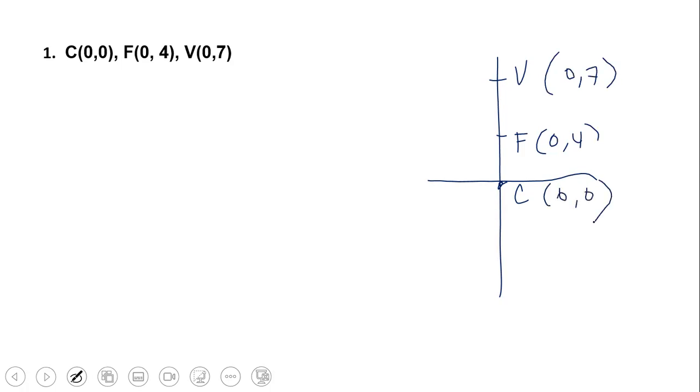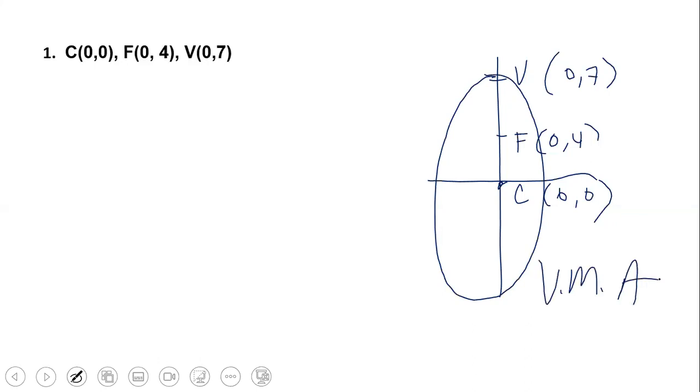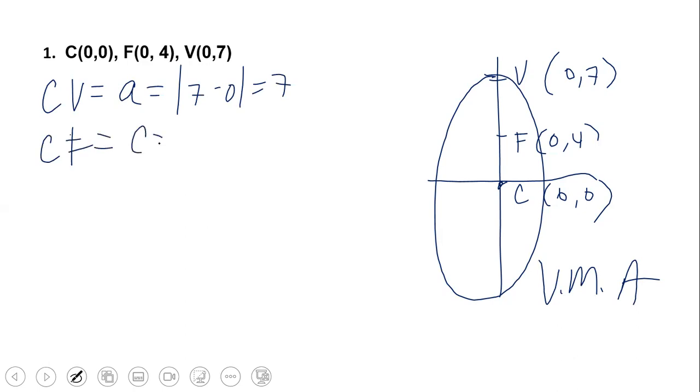Okay, this means this is an example of a vertical major axis. So remember, the distance from center to vertex is A, which happens to be 7 minus 0 is equal to 7. Center to focus, which is equal to C, you can also have 4 minus 0, which is equal to 4.